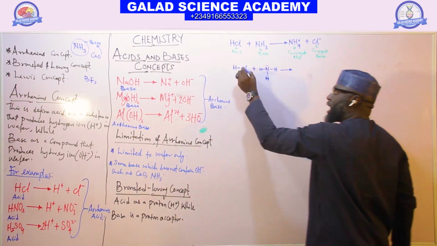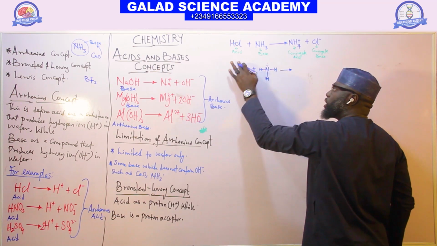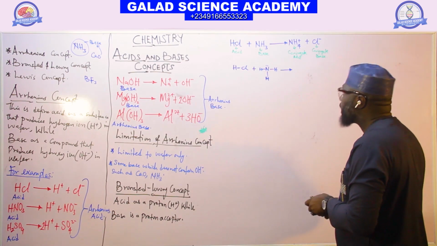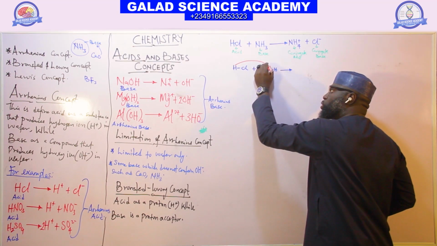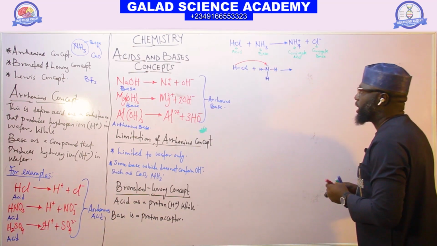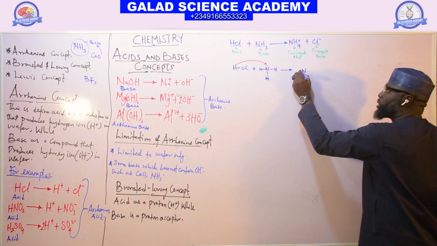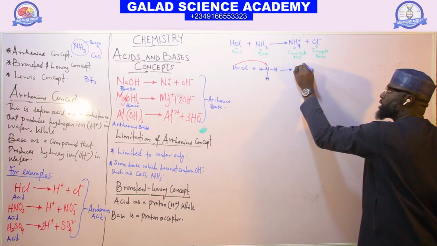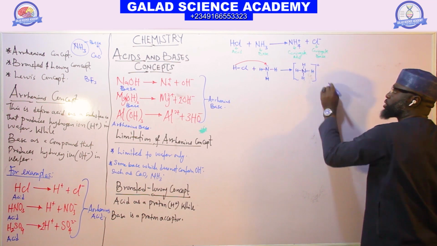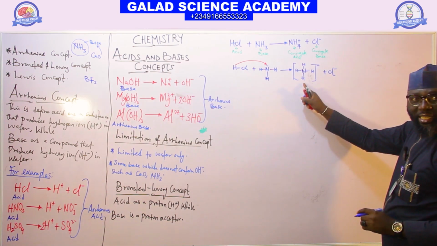So this acid now donates, it will transfer this proton to ammonia. So when it transfers the proton to ammonia, you now have ammonia become NH, H, H, H plus Cl minus.